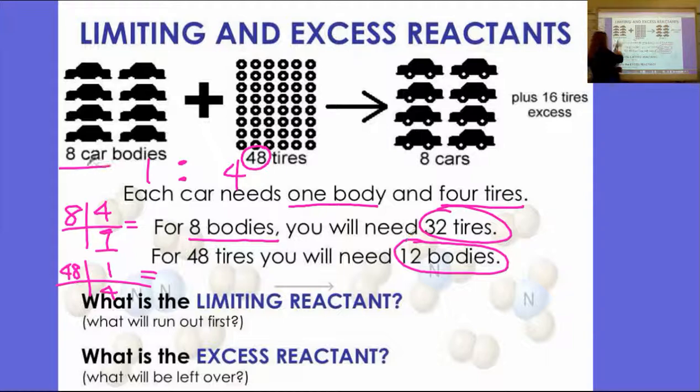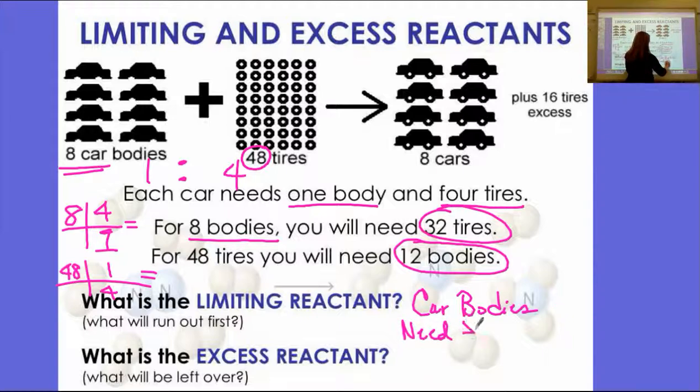But since I'm only given 8 car bodies, who's going to run out first? Car bodies is going to run out first. Why? Because the amount that I need is greater than what I have.